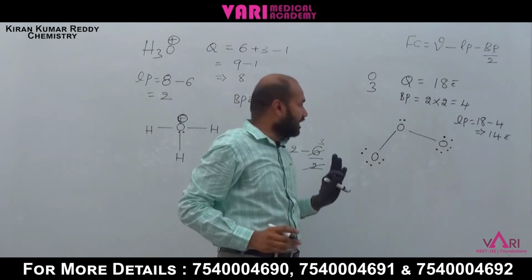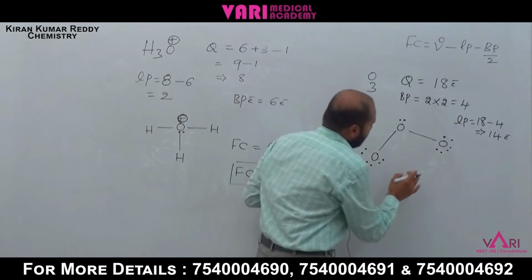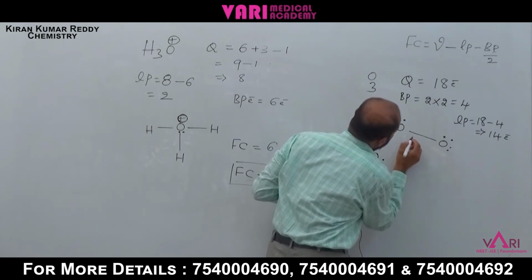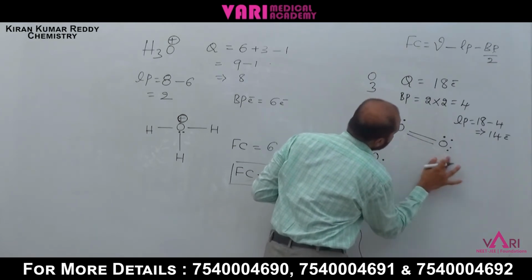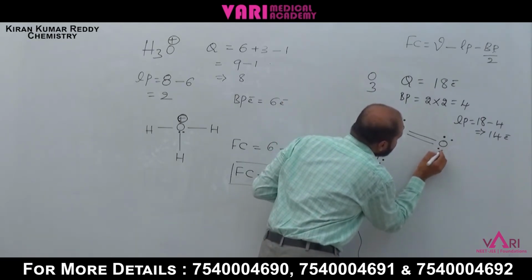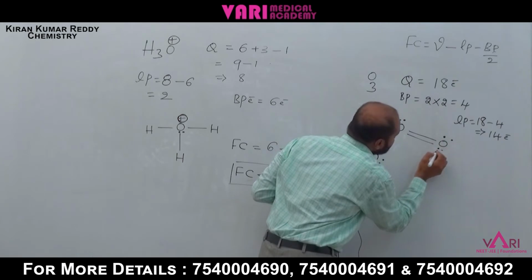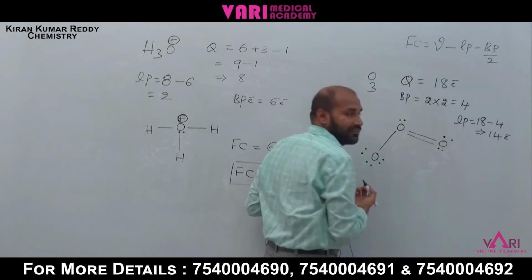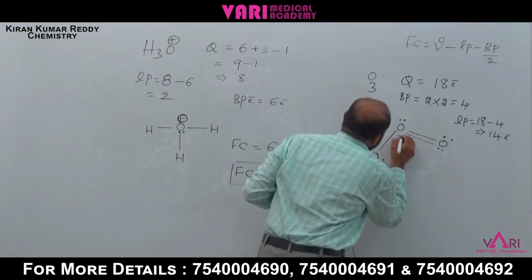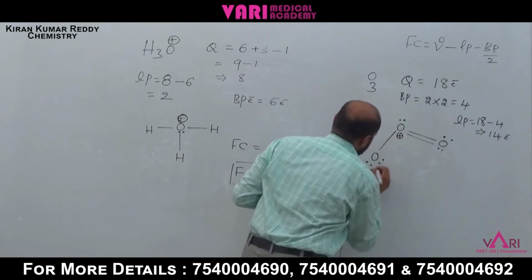I have written 14 electrons. Now I remove this lone pair and write the bond. Now how many electrons are present? Here, the corner atom has 1, 2, 3, 4, 5, 6, 7, 8. That one will be okay. Here I put positive, here negative.